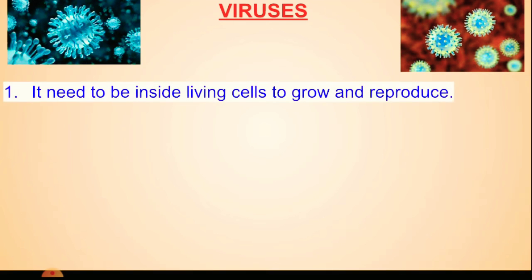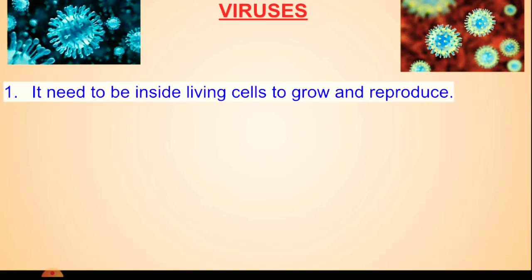Same like bacteria, virus also is single cell. It needs to be inside living cells to grow and reproduce. Bacteria can reproduce anywhere, outside as well as inside, but a virus needs a living cell, meaning it needs a human body or an animal body for its survival and reproduction.